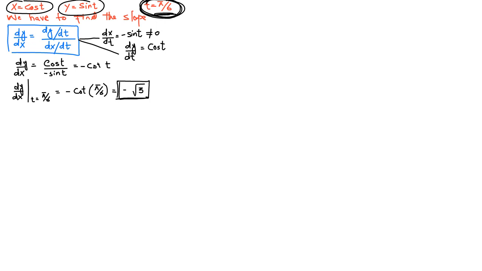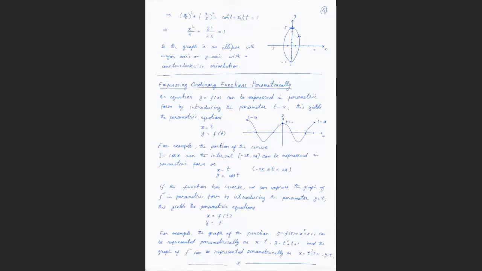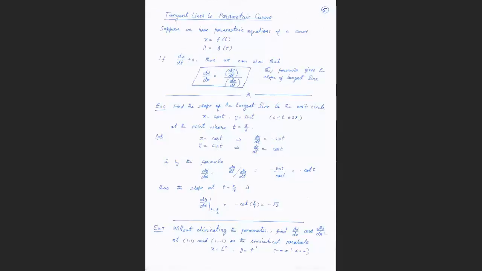Okay. Now the second example, where you have to work with parametric equations but without elimination of t. This is the equation, and without eliminating the parameter, you don't need to eliminate the parameter t.